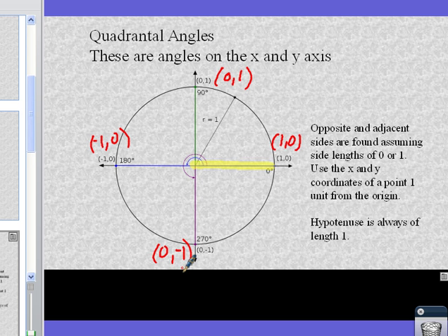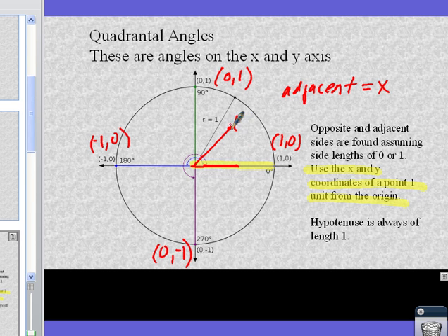So remember, as I have over here, the opposite and adjacent sides are found assuming a side length of 0 or 1. We use the x and y coordinates of a point 1 unit from the origin. So remember, the adjacent is equal to our x coordinate, because that's this side, and this point up here is our horizontal distance, our x coordinate.